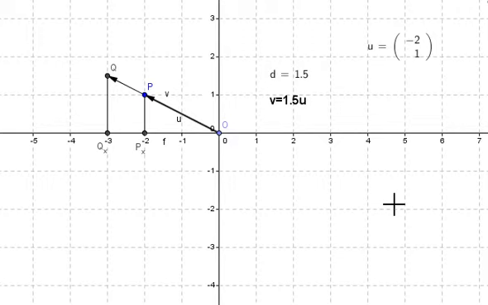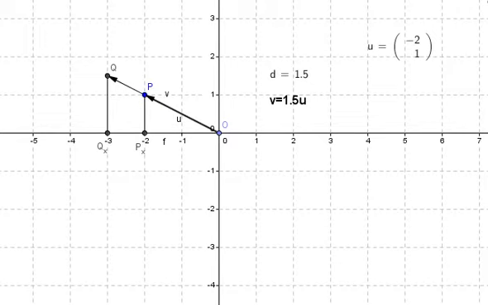And using the same method, we can show that the y coordinate of q is 1.5 times the y coordinate of p.